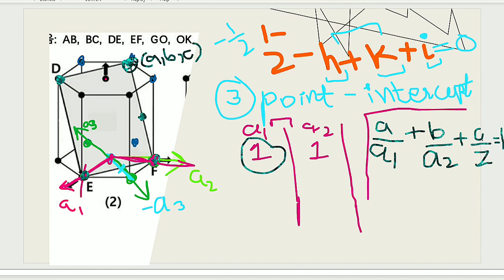If c is 0, if no motion along z is needed to reach that point, then you have to put c equals 0 here, and this whole quantity will become 0, and the z-intercept will be removed from the equation. That is not something that we need, because we want the z-intercept in the equation because we want to find it. So make sure that the c coordinate is not 0. If other coordinates are 0, that doesn't matter.